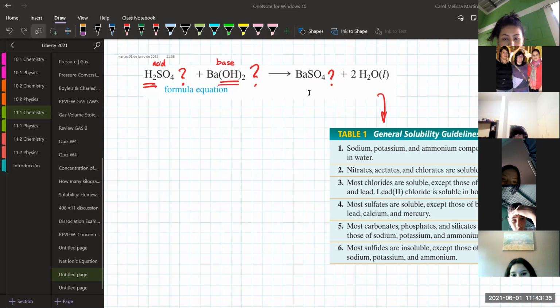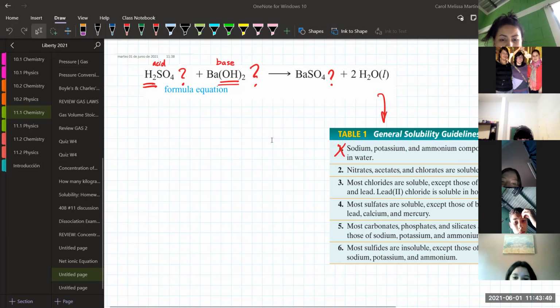The first rule doesn't help us because it talks about just sodium, potassium, and ammonium, and none of those are part of this formula. The second compound is hydroxide, and it's not part of this rule either. It says nitrates, acetates, and chlorate. None of them participate here.